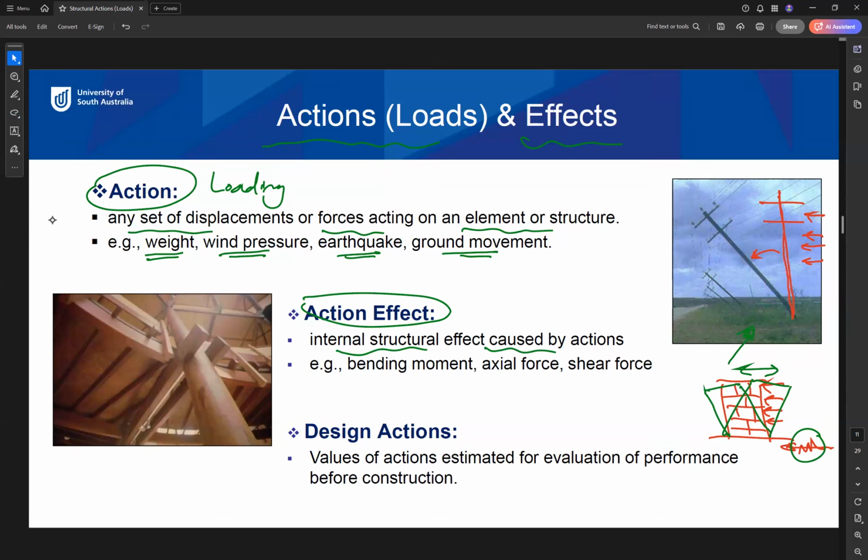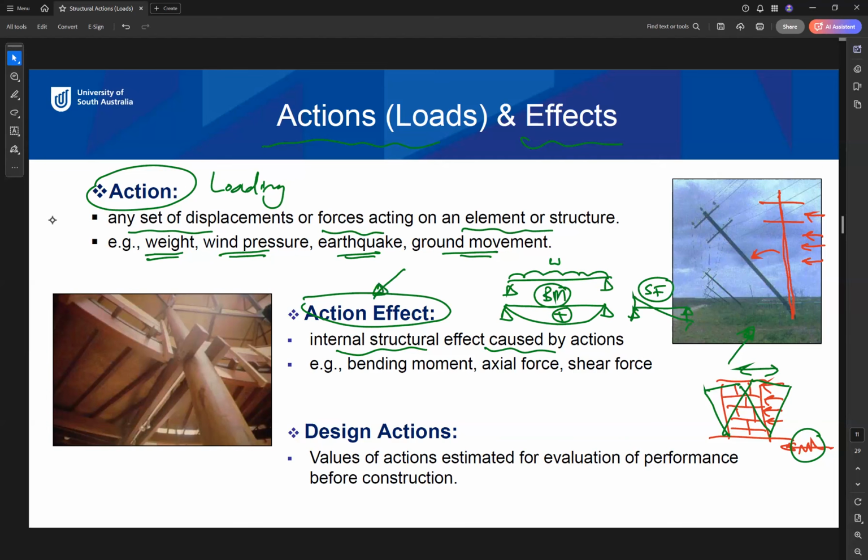So, for example, if we have a beam and we have an applied load, similar to what you learned in Structure 1, this beam will be under bending moment and under shear. We will learn this later, but we have internal bending moment and internal shear.